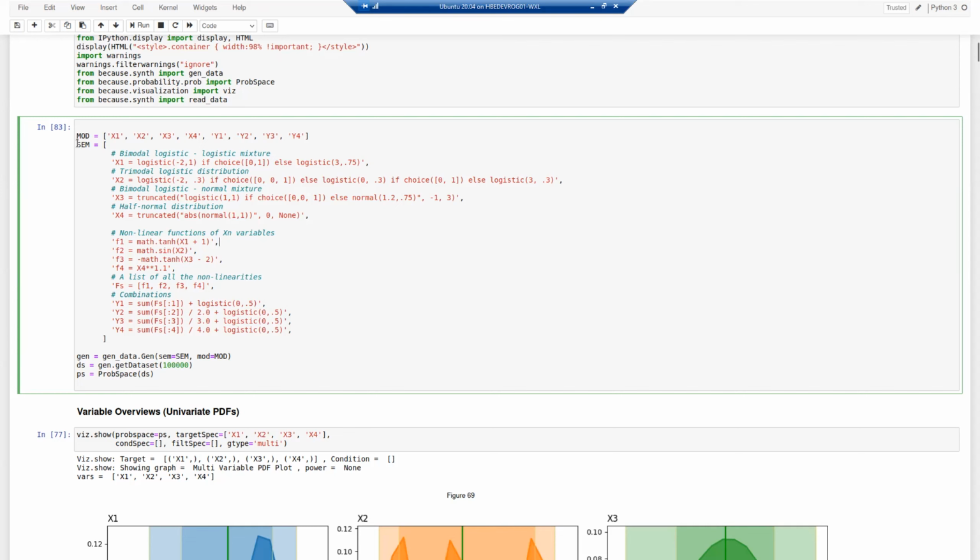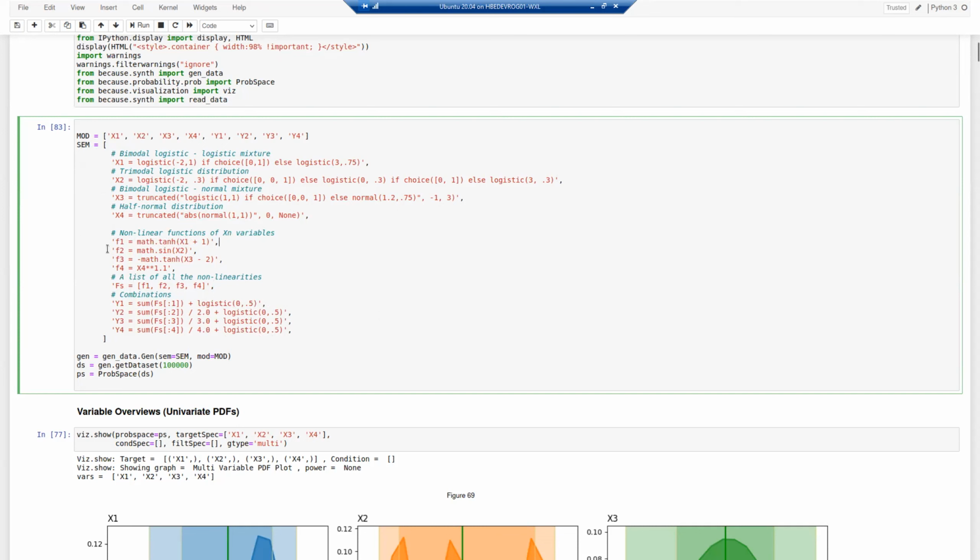And the way that's done is just by building a structural equation model, a set of simple equations. They're statistical equations that determine the relationships between all the variables in the model. In this case, we've got a model with 4 x variables, or independent variables, that then have various nonlinear functions that relate them to 4 y variables.